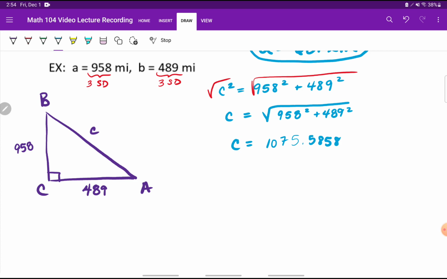Since a decimal point is present, we need to start on the left side and count 3 numbers, and then that's where we're supposed to round to. So 1, 2, 3, we're rounded to the nearest tens, but we still have to look over to decide how we're going to round that. We're going to get side C to be 1080, and our units is miles.